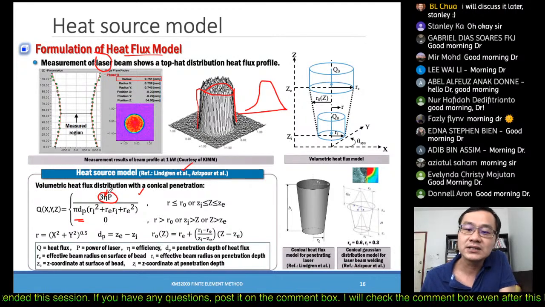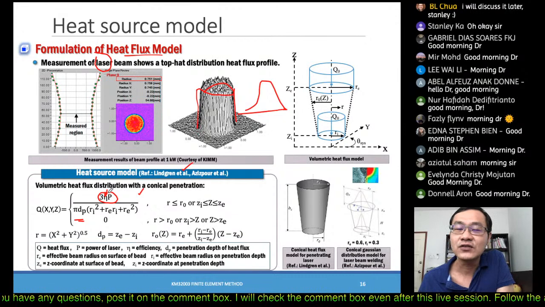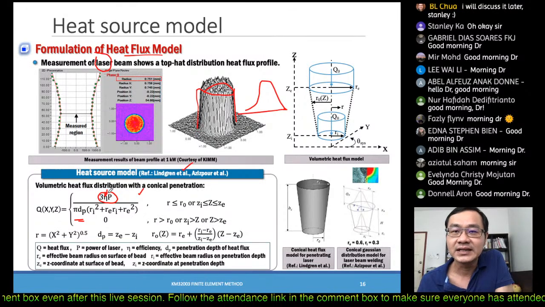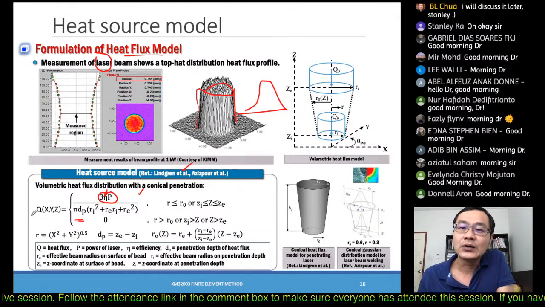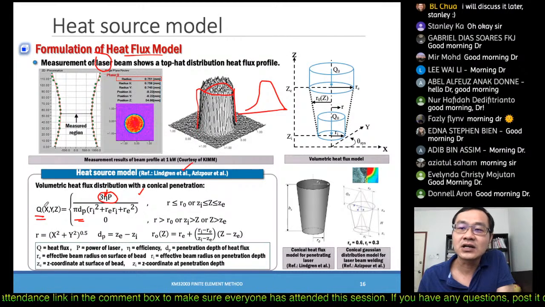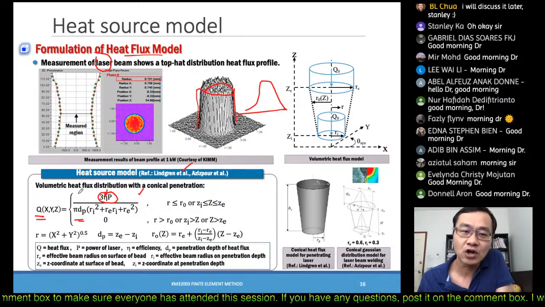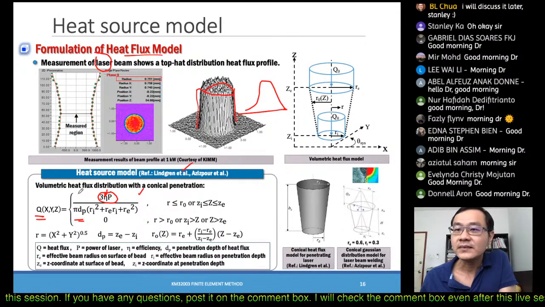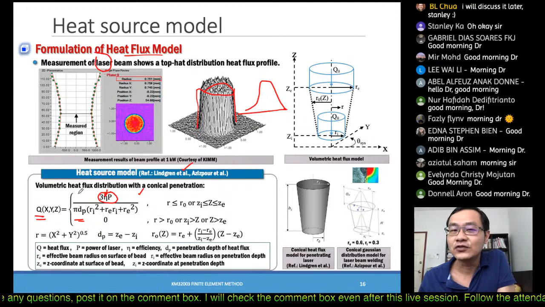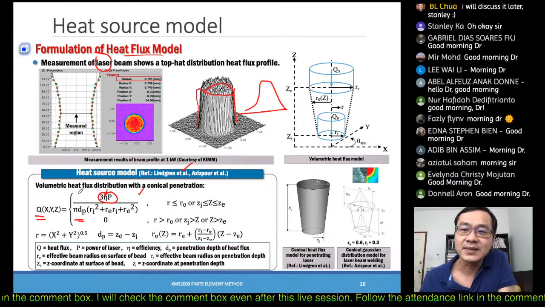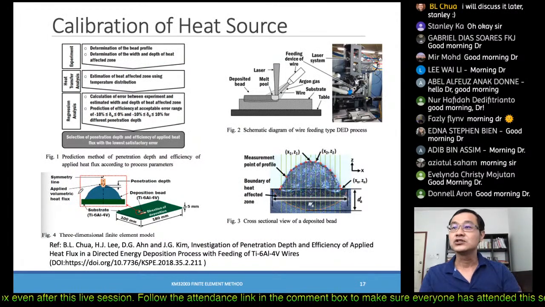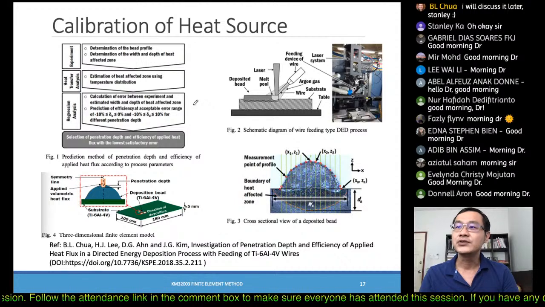We need to calibrate because if you have the experimental data, you have to do calibrations to ensure this is the actual value of heat flux, or volumetric heat flux, being applied to your system itself. Otherwise, if you don't have the experimental data, then you just estimate based on the literature again. So this is how we can do a calibration of the heat source.